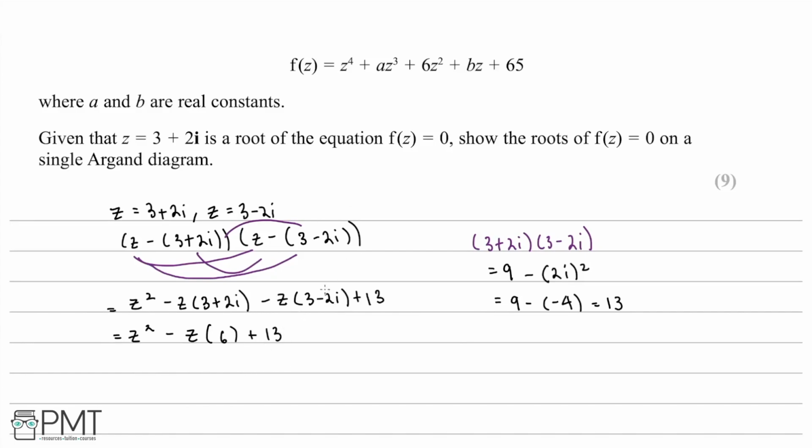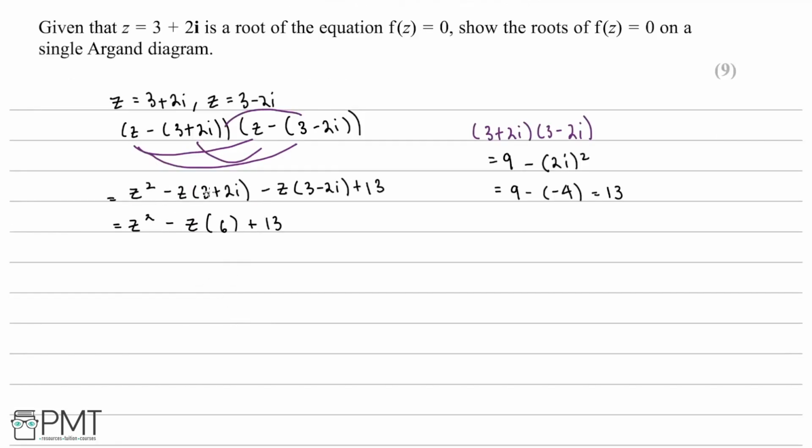Now, in order to get the quartic polynomial, we must multiply our quadratic factor with another quadratic. Thus, f of z can be written as z squared minus 6z plus 13 multiplied by alpha z squared plus beta z plus gamma, where alpha, beta and gamma are some constants that we don't know yet.